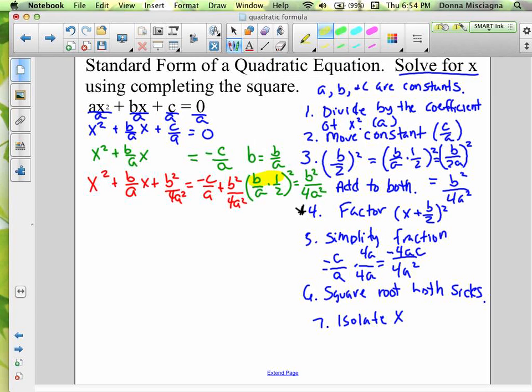So this right here is equal to b divided by 2, the thing we squared. So when we factor, let's switch colors here. We have x, a plus, and then b divided by 2a. We usually put the coefficient first, so let me make that nicer.